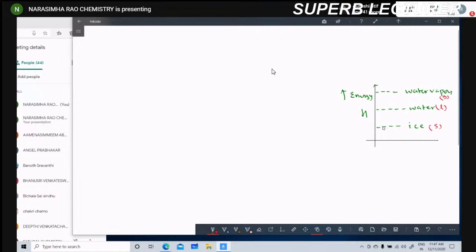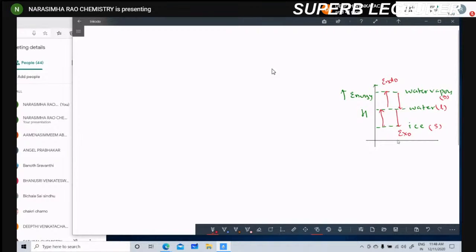Conversion of solid to liquid, liquid to gas means heat must be absorbed to reach higher energy. This process is endothermic. Conversion of gas to liquid, energy is emitted, it decreases. This is exothermic. Understand now? Yes, sir.